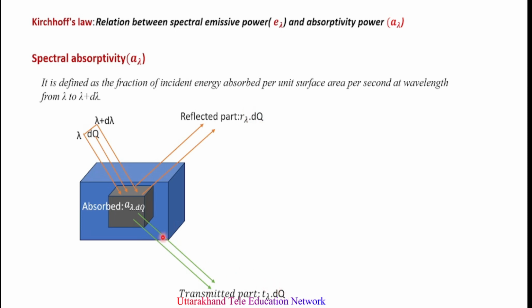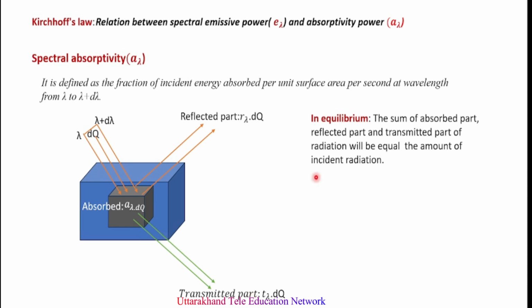For example, suppose A lambda is 1 by 3, the reflected fraction R lambda is also 1 by 3, and the transmission coefficient is also 1 by 3. This means if one part of radiation is incident on this area, then 1 by 3 will be absorbed, 1 by 3 will be reflected, and 1 by 3 will be transmitted.